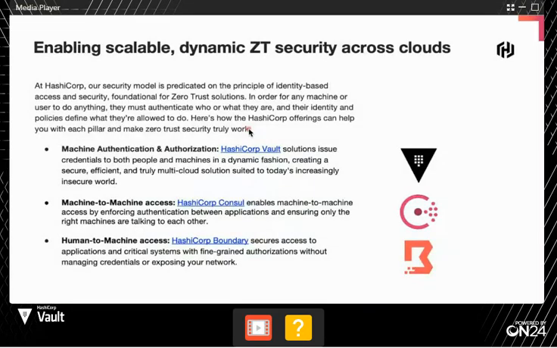So this is really what we come across when we're talking about enabling a scalable zero trust solution across these clouds. Our model is based on the identity aspect of zero trust, and that's core to trust nothing. So again, zero trust: trust nothing, authenticate and authorize everything. So the technology we talked about here with Vault, Consul, and Boundary, take that and apply it in the six-pillar architecture.